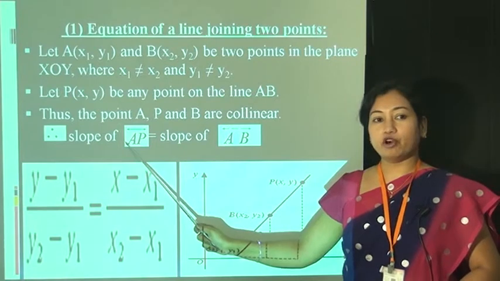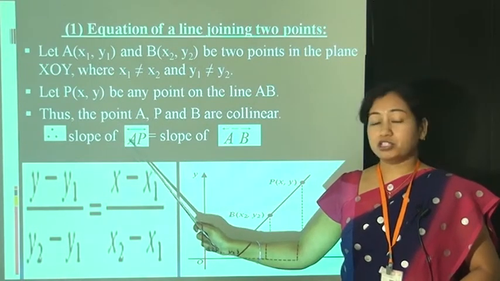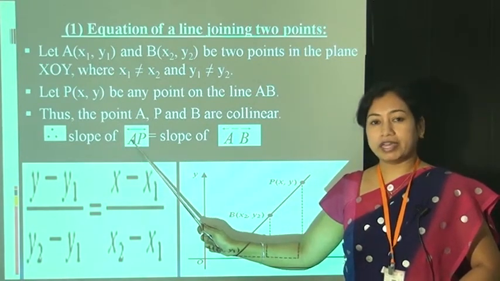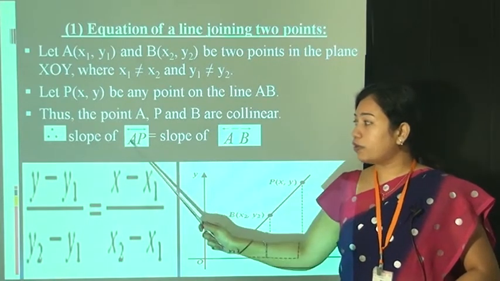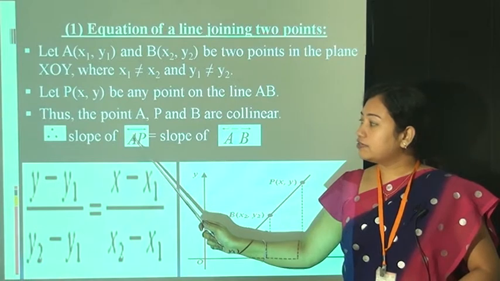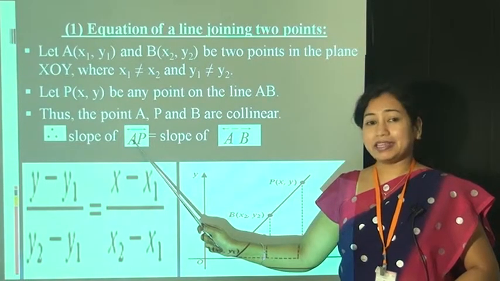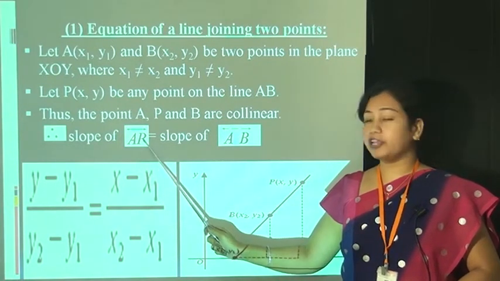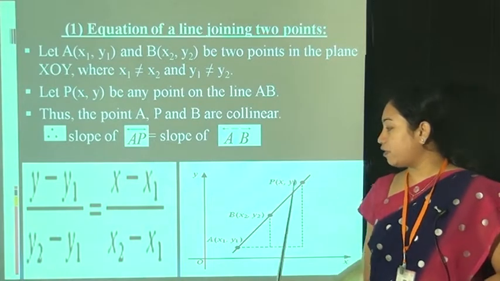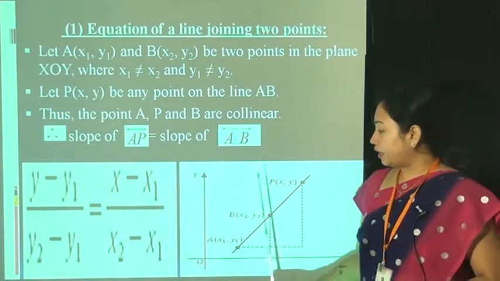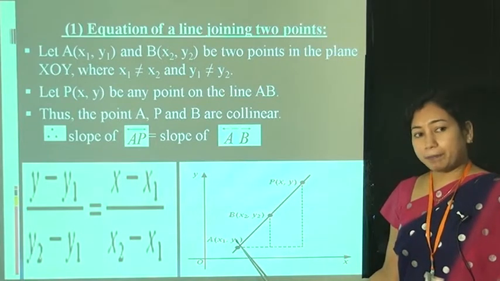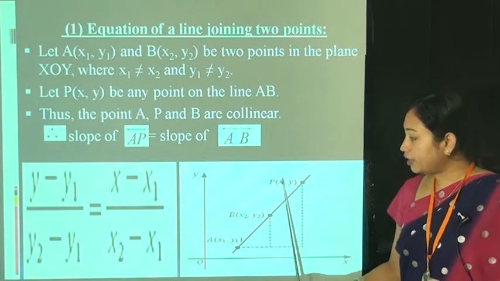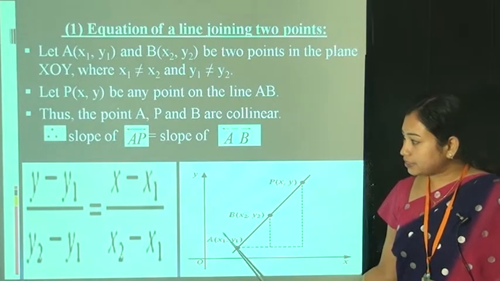Now we know the formula of slope. Slope is nothing but the difference of y coordinates divided by the difference of the x coordinates. So slope of line AP, here the coordinates of point A are x1, y1 and the coordinates of point P are x and y. So difference of y coordinates is y minus y1 upon difference of x coordinates, x minus x1.